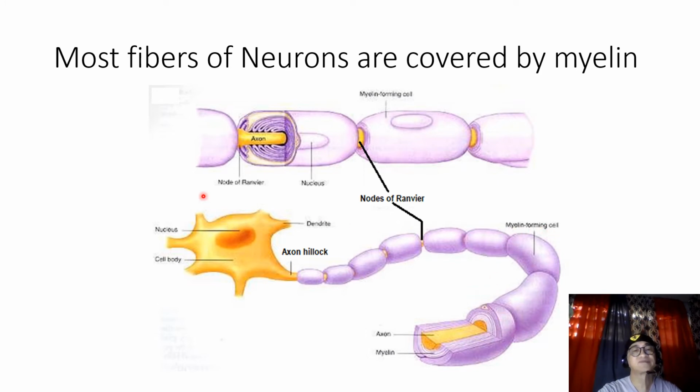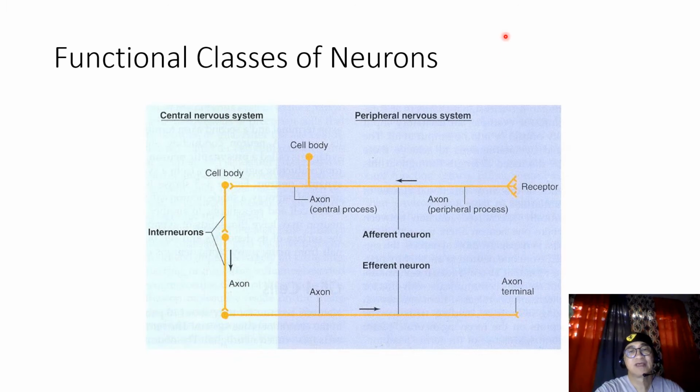This slide diagrams the functional classes of neurons. That includes afferent neurons, efferent neurons, and the interneurons. The afferent neurons transmit signals from the periphery of the body or from specialized sensory receptors towards the central nervous system. Their cell body and long processes of axon lie in the peripheral nervous system.